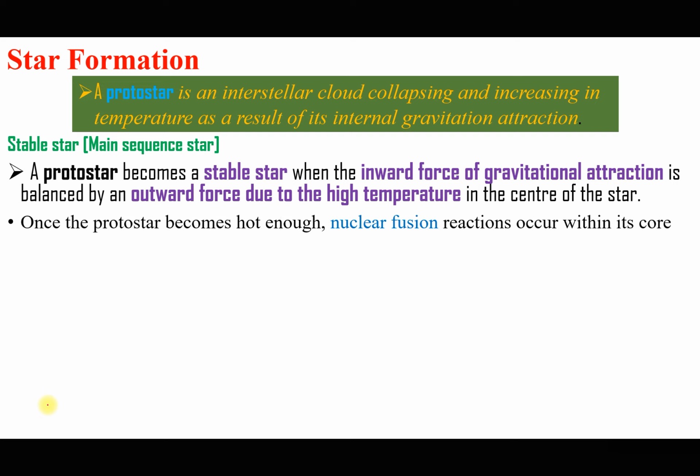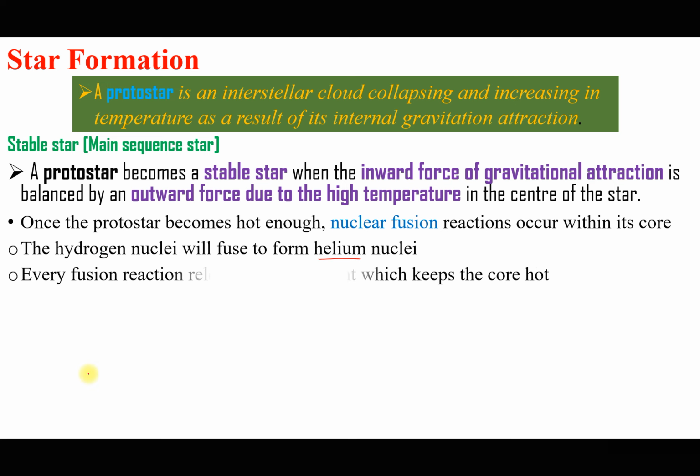Once the protostar becomes hot enough, nuclear fusion reactions occur within its core. The hydrogen nuclei fuse, combining to form helium at the core, and every fusion reaction releases heat.